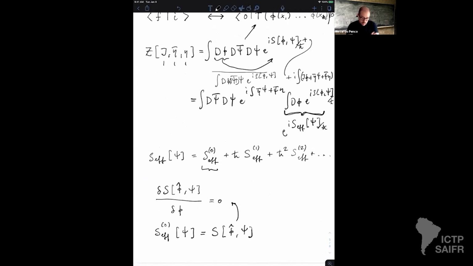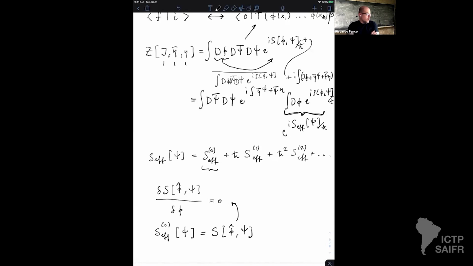And usually when we calculate Feynman diagrams in field theories, we calculate them in an expansion in powers of loops, which can also be thought of as an expansion in powers of h bar.